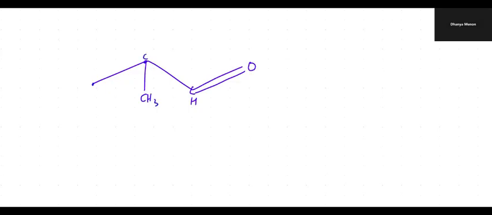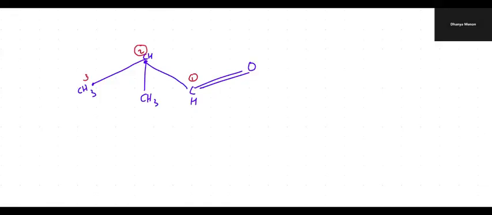So over here, 1, 2, 3 valencies are satisfied, there will be one H. So carbon atom having the double bond is also considered in numbering, okay. So this is given position 1, 2, 3.